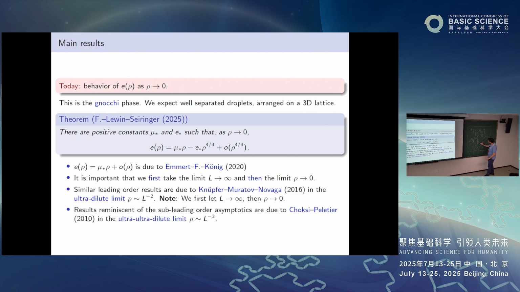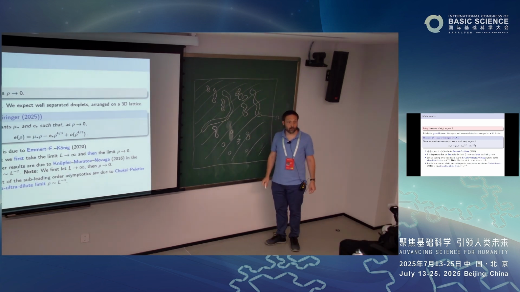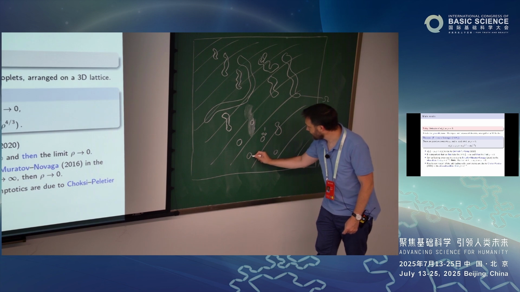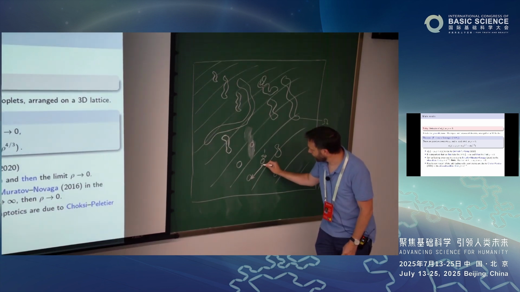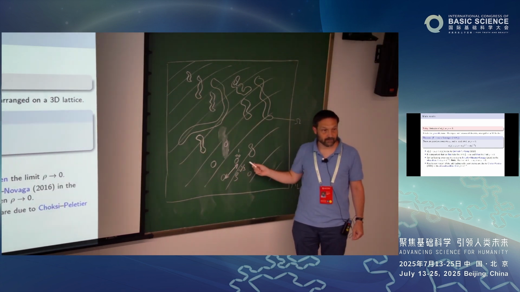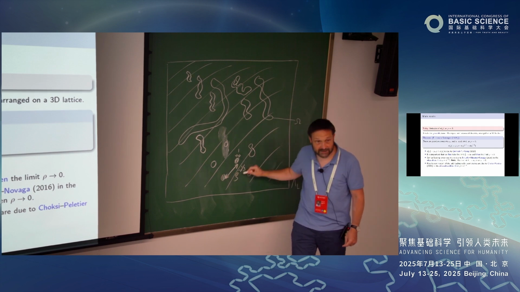Now the size of these balls is order 1, and the distance between them is order rho to the minus 1/3. It's a mean particle spacing. These are the nucleons.